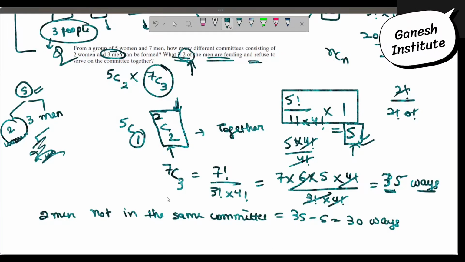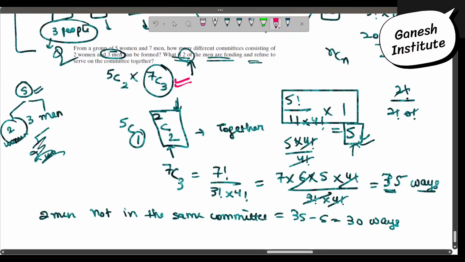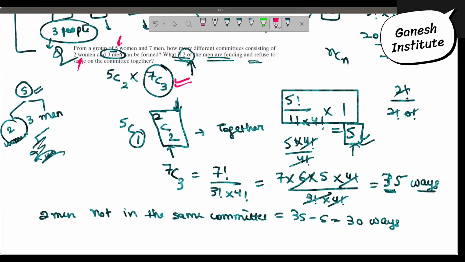Tell me, do you want me to explain this again? Yes, ma'am, please. Sure. See, out of 5, 2 women have to be selected, and out of 7, 3 men have to be selected.